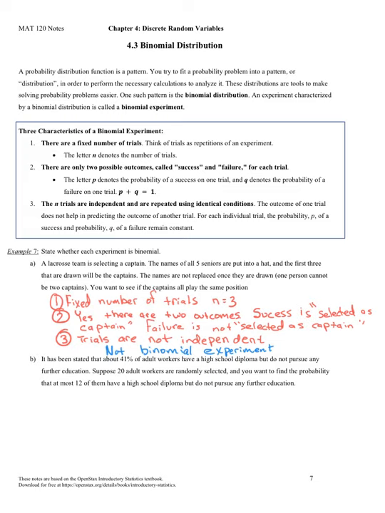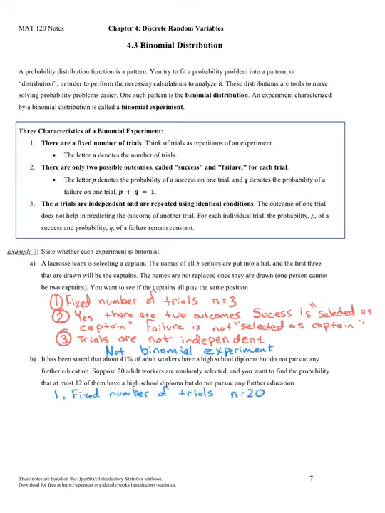Let's take a look at example B. Let's see if this example about adult workers with a high school diploma is a binomial. First, are there a fixed number of trials? And yes, we have selected 20 people.